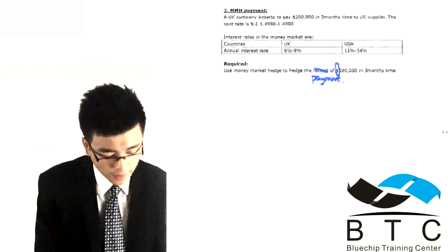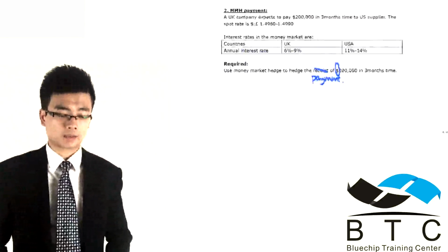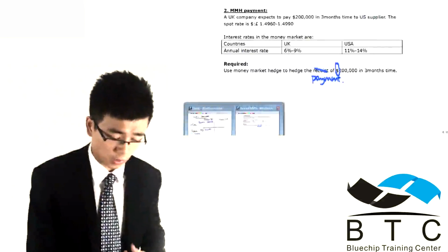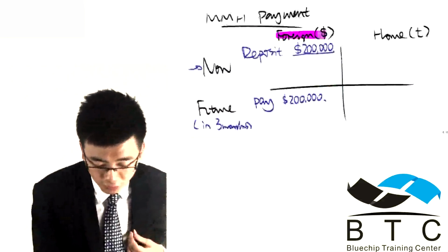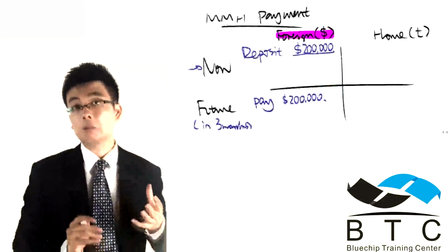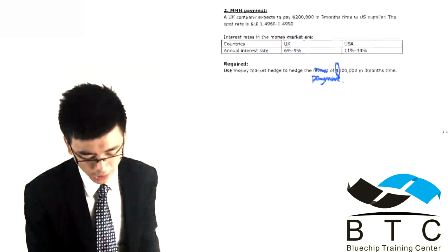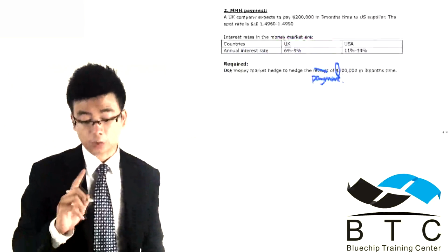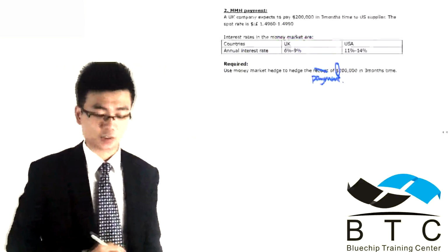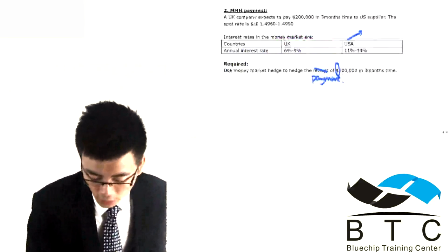So here we're going to use the interest rate. But which interest rate should we use? Because it is relating to a foreign bank, we are going to use the foreign interest rate. So here the USA is foreign.